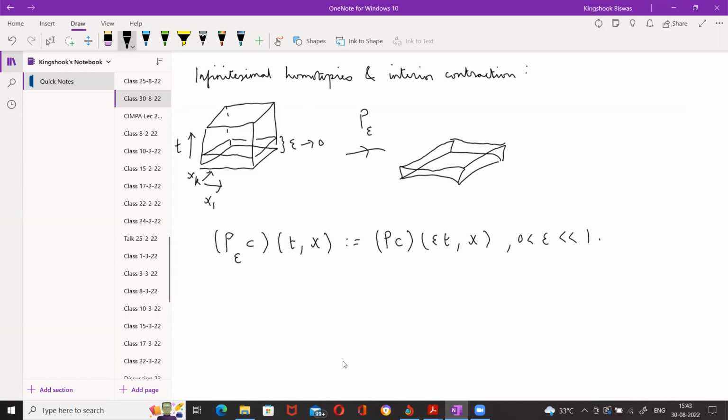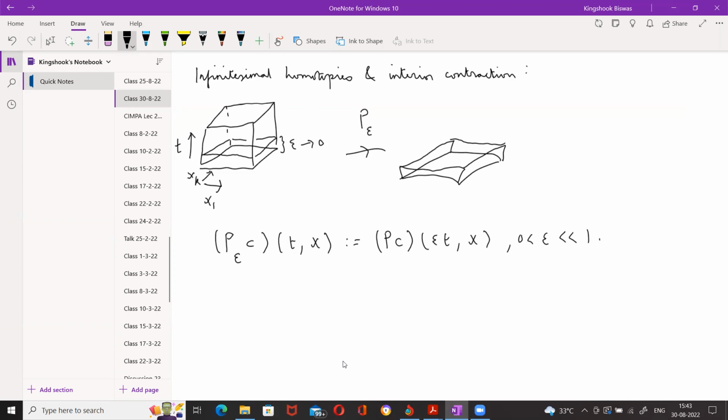So this is what I mean when I say infinitesimal homotopies. I'll be looking at a homotopy where in the time direction I just move a small amount. I just flow for a small time.